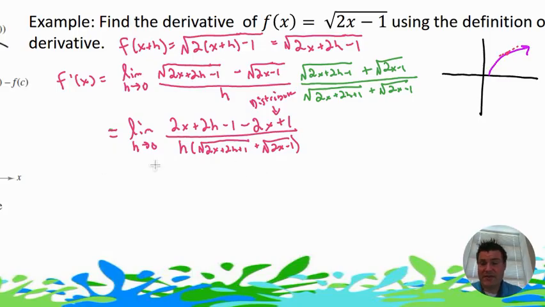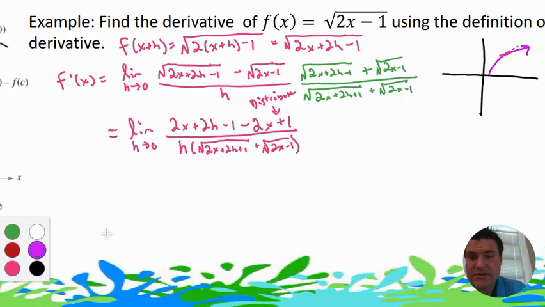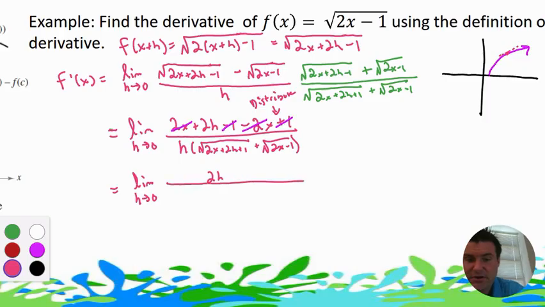If you do notice, we have some things that are going to cancel out here. So I do see that this 2x is going to cancel out with this minus 2x. This minus 1 cancels out with that one. And I'm left with just a 2h on the top, which hopefully you notice that this is going to cancel out a little bit as well. So we're going to get 2h on the top all over this ugly looking thing right here.